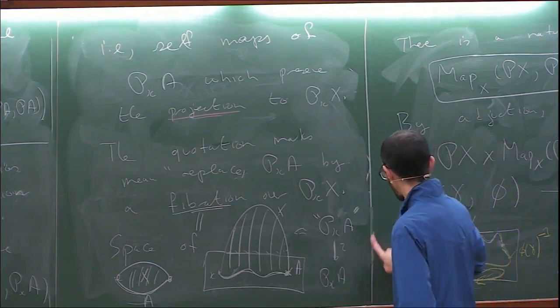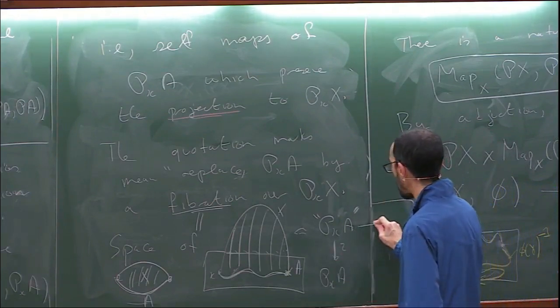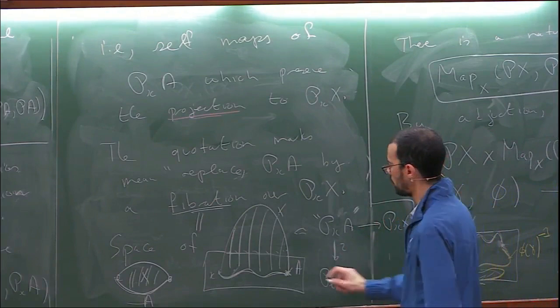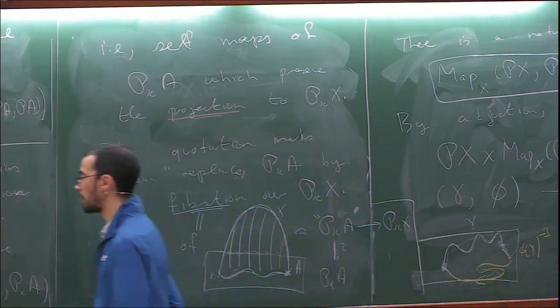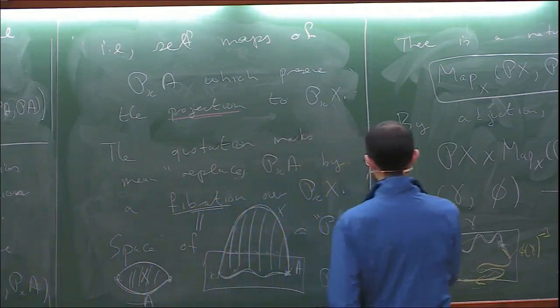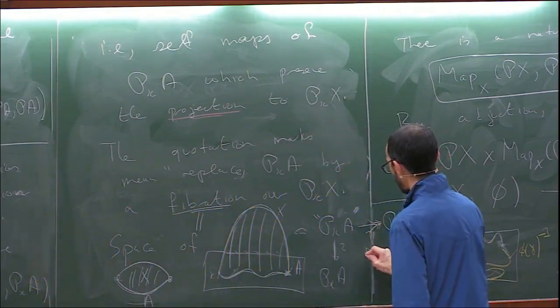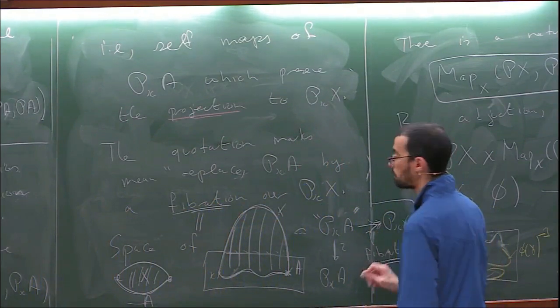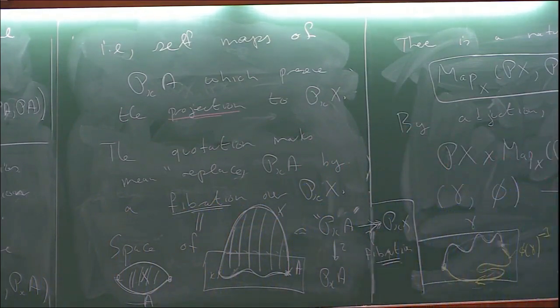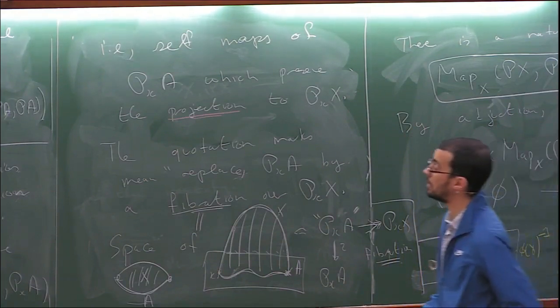On the other hand, it has a map to PXX, which is to restrict to the other end. And that map is a fibration. So that's the definition.